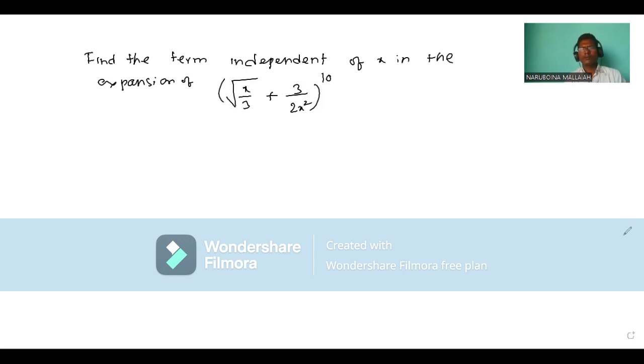So here we have to find out independent term. Independent term means it doesn't have any variable. That means only number we will get. That number we have to find out.